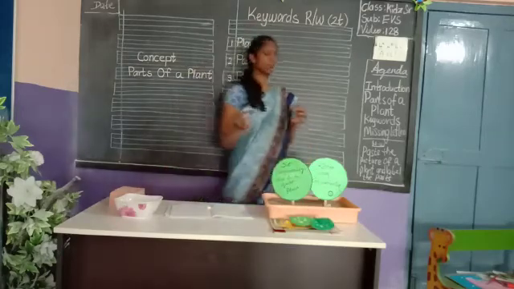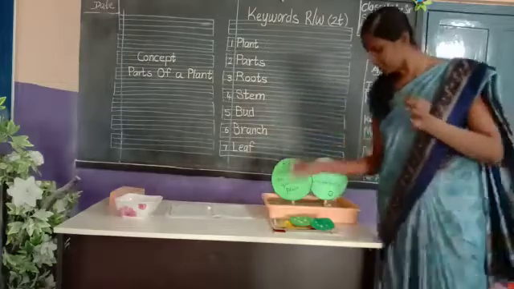You want to know about bud. Bud means a small, tiny one between the leaves, and this bud will grow into a big flower like this.